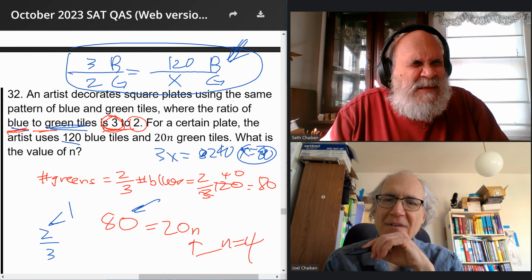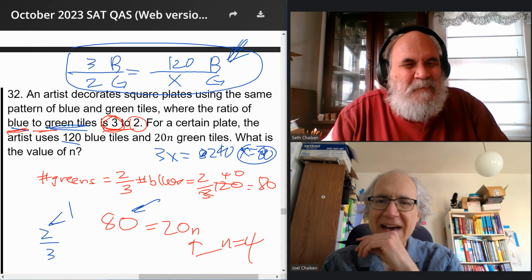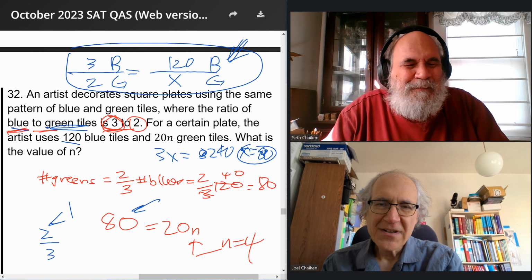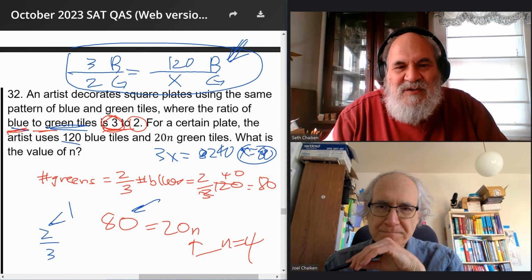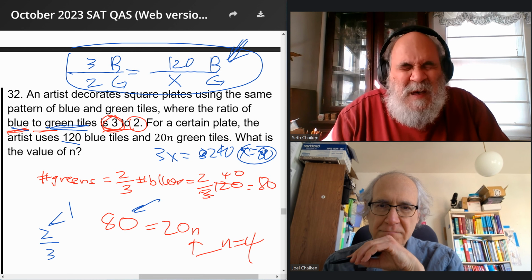So if you could see a pattern, this almost comes down to it, and then of course you check. N is 4, and the number of green tiles is 80.